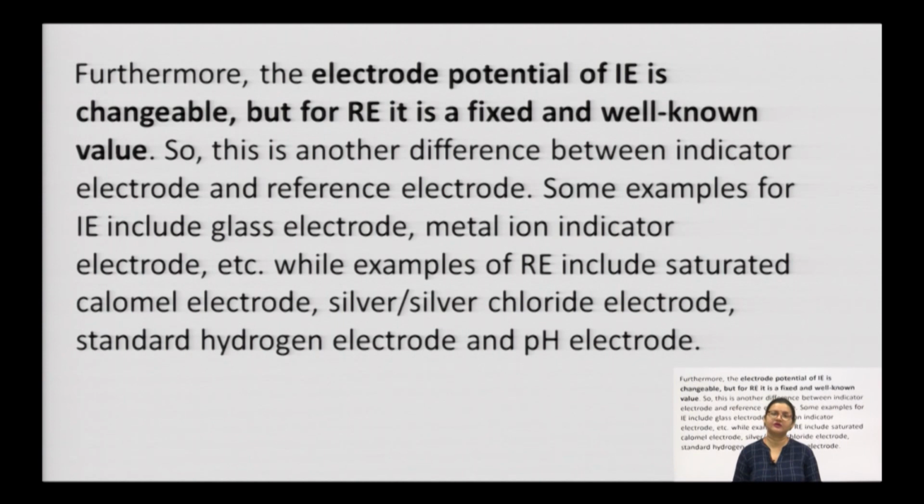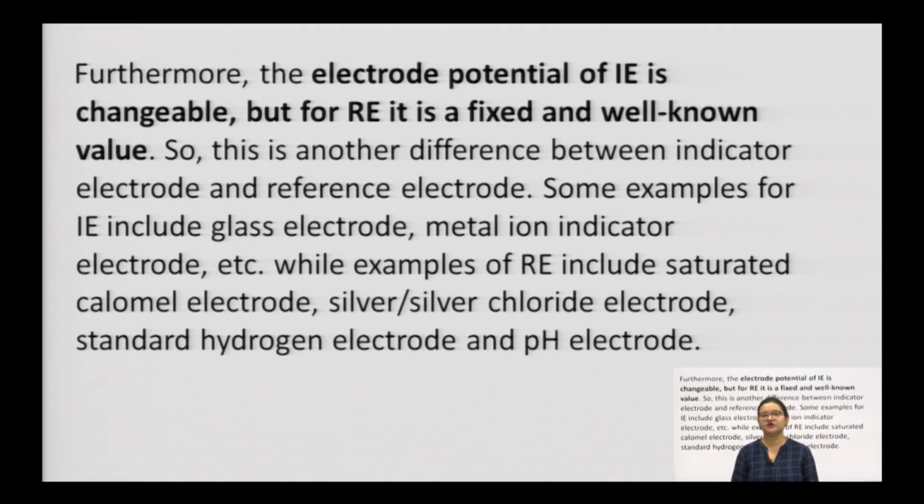But for the indicator electrode, the electrode potential has to be determined, and that determined electrode potential is directly related to the concentration of analyte. So, this is another main difference between the indicator electrode and reference electrode.